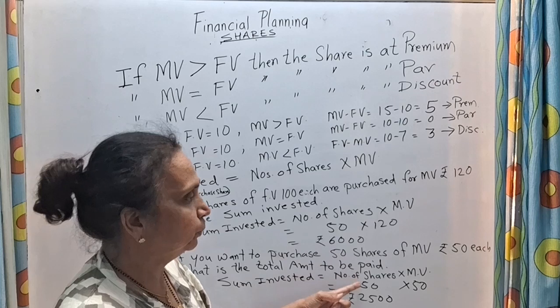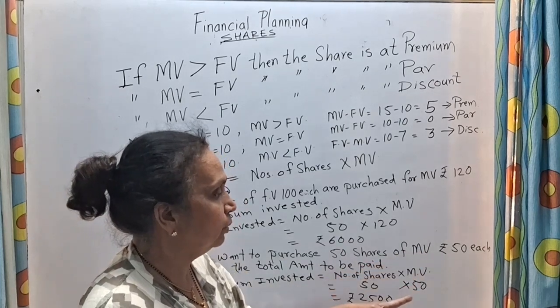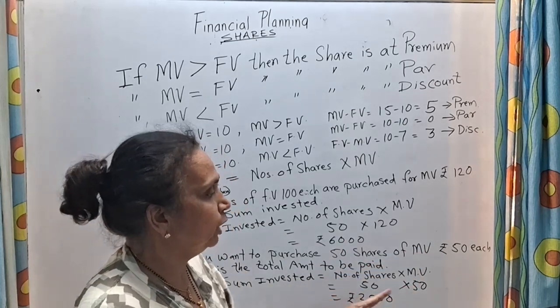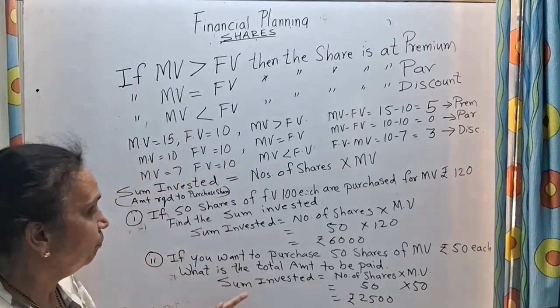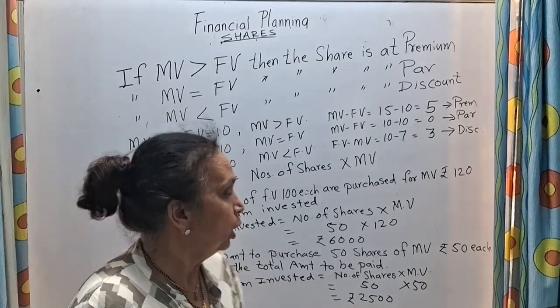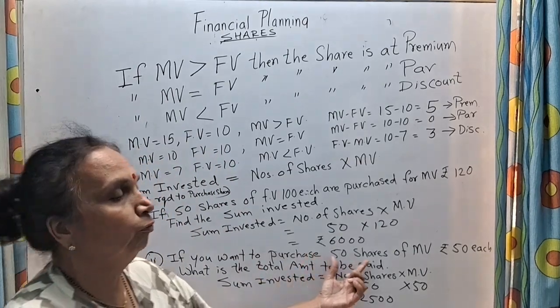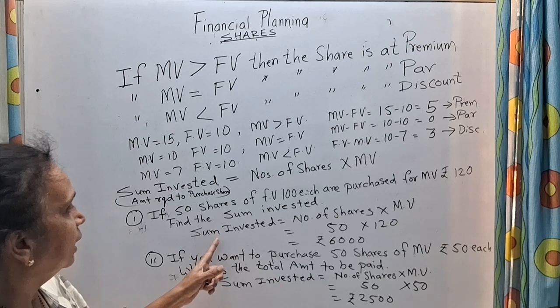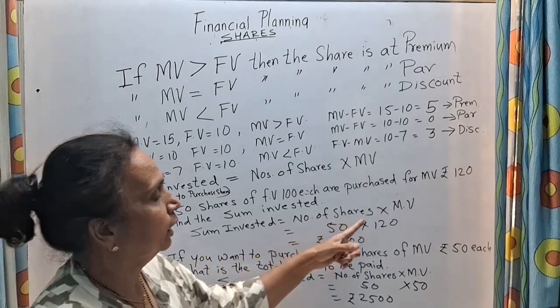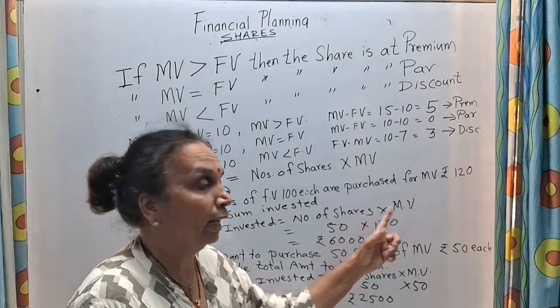Number of shares is 50 and the market value is 50. So 50 into 50 is rupees 2,500 amount is the sum invested or the amount required to purchase about 50 shares. So hopefully this concept is clear, that is sum invested is number of shares into market value.